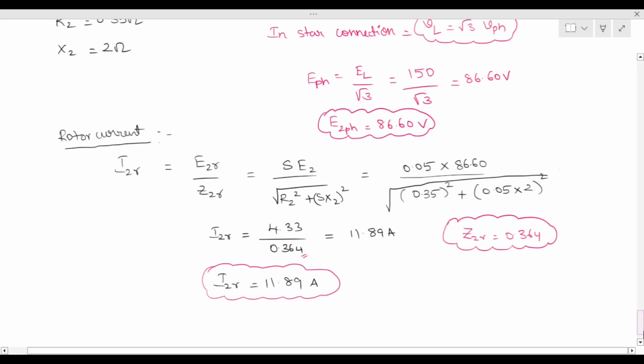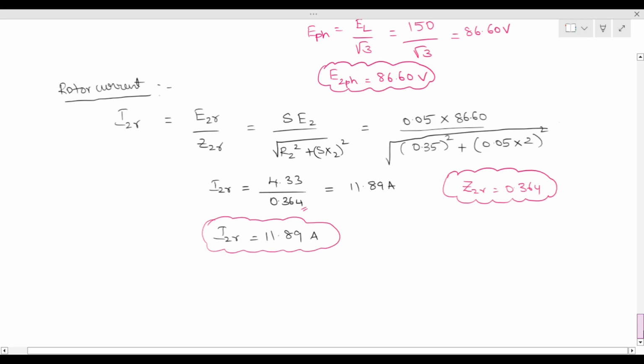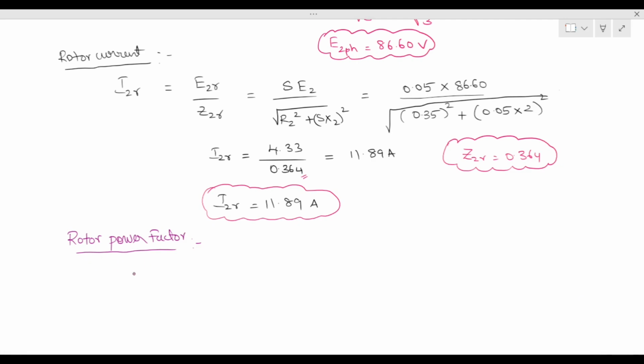Now coming to the next parameter, the rotor power factor, denoted by cos phi 2R. What is the formula for power factor? R2R by Z2R.